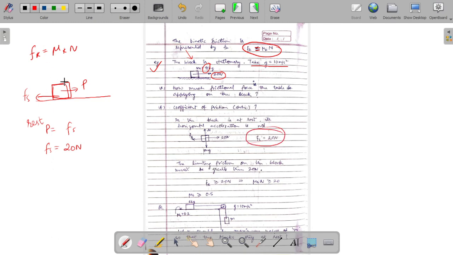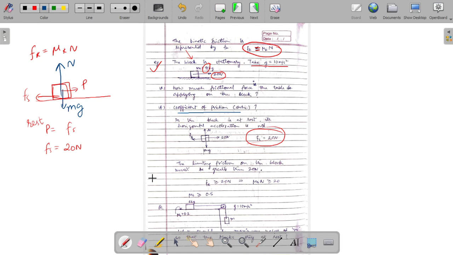We have drawn the normal reaction and mg also, so let us draw that normal reaction and mg. And what is the coefficient of static friction? Can we find its value? The limiting friction on the block: now we know that the block is not moving for 20 newtons, right?